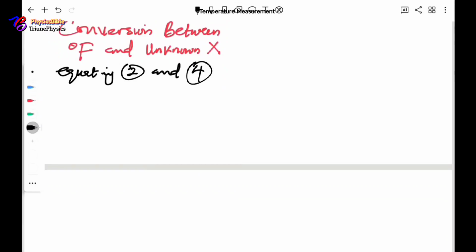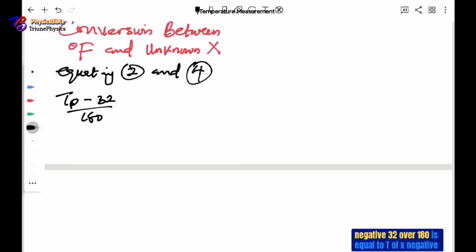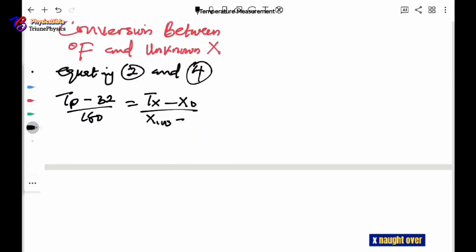Is that clear? From equation 2 we have T of F, representing degree Fahrenheit, minus 32 over 180 is equal to T of X minus X naught over X 100 minus X naught.